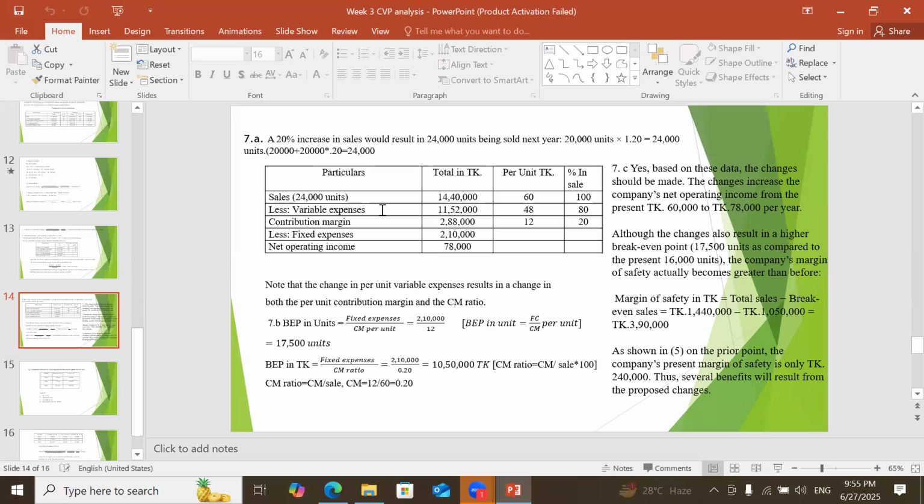If original sale 12 lakh, then original variable cost 9 lakh, therefore 1 taka, and therefore this taka. Then you will get a variable expense. Sales minus variable expense is equal to contribution margin. Then less fixed expense, then you will get net operating income 78,000. Okay, so 78,000 net operating income now. 7.A complete.